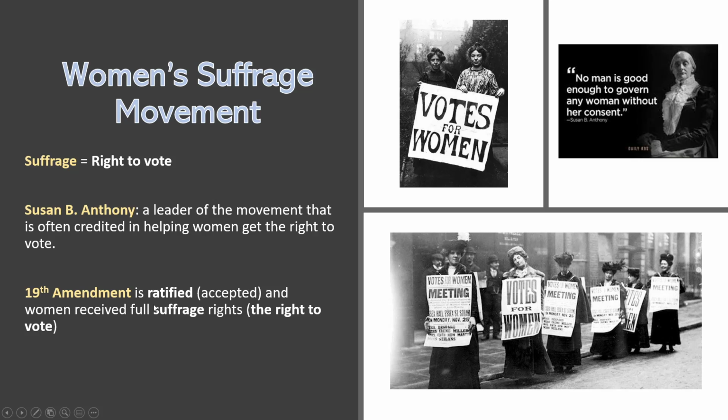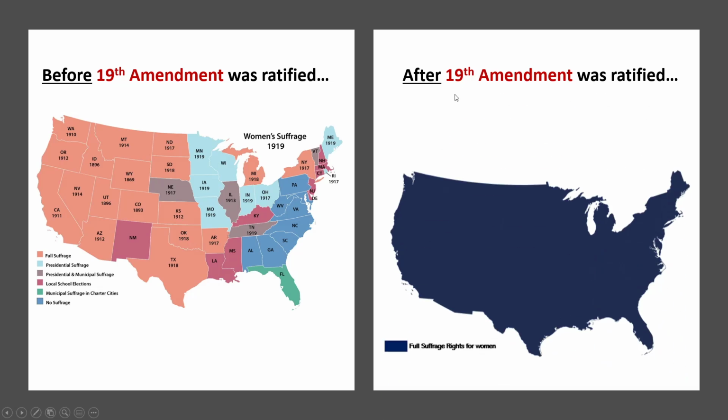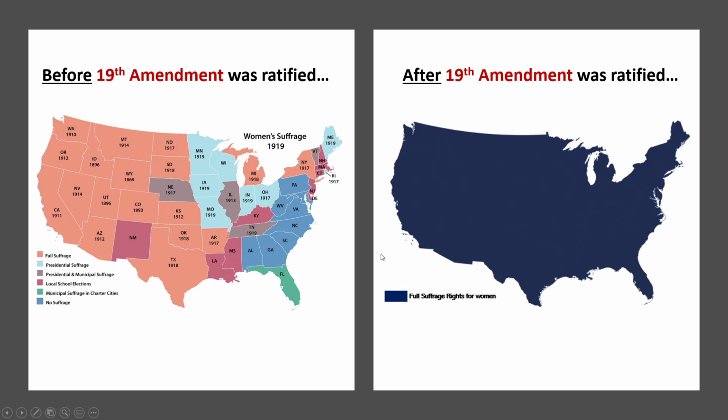So the 19th Amendment is going to be ratified, which means accepted, and all women are going to get the right to vote. So this was before the 19th Amendment was ratified. Only some people had full suffrage, and other people had different varying degrees of suffrage, if any. And then after the 19th was ratified, everyone has full suffrage rights. So pretty easy, pretty simple.